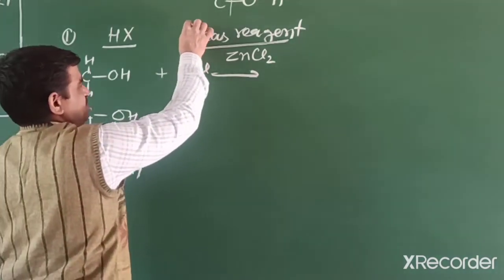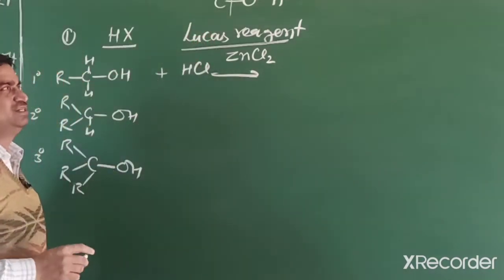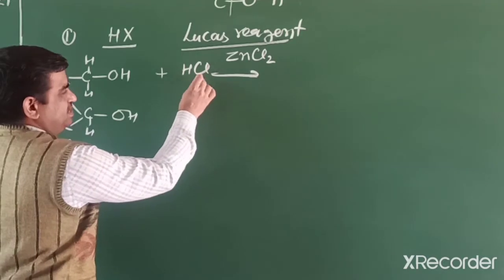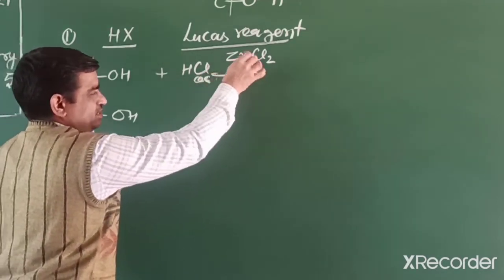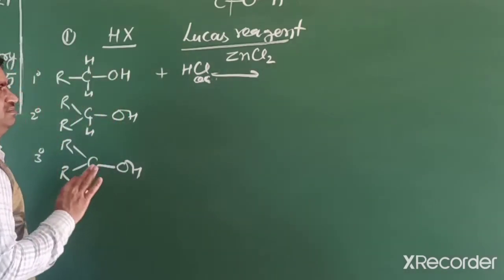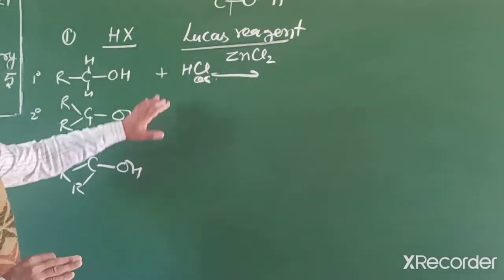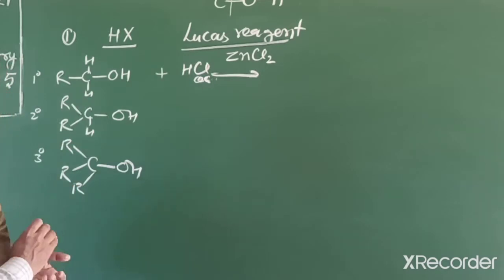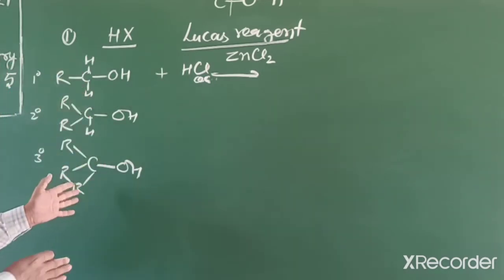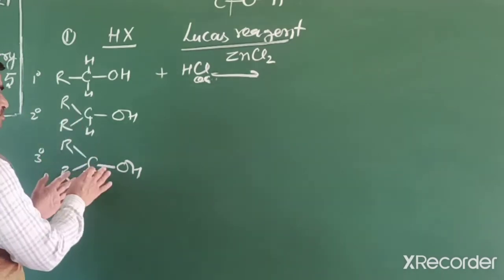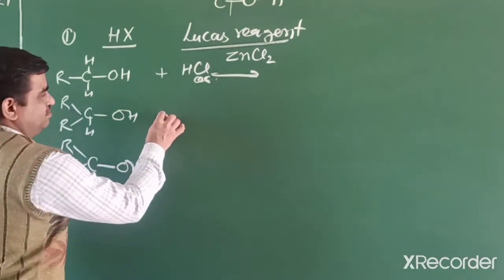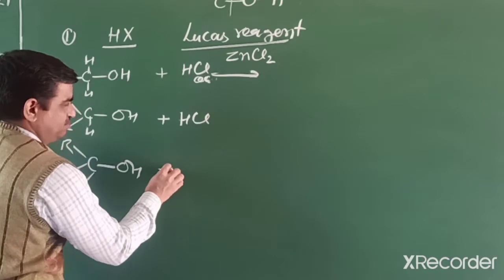So at first we understand what the reagent is. Lucas reagent means concentrated HCl and zinc chloride. When it reacts with alcohol, it converts it into the corresponding chloride. If the alcohol is tertiary, the reaction is very fast.